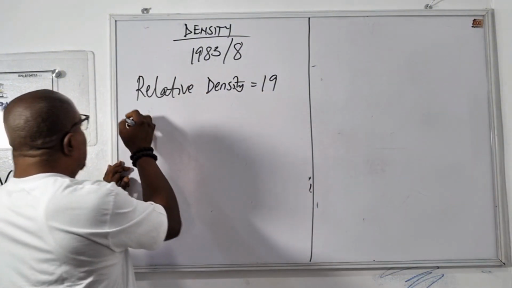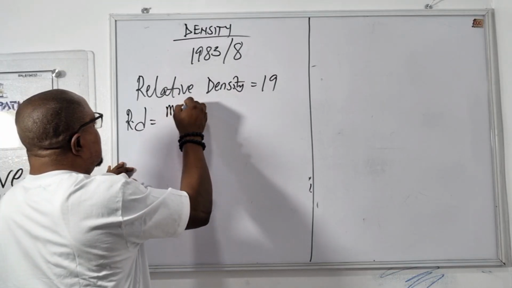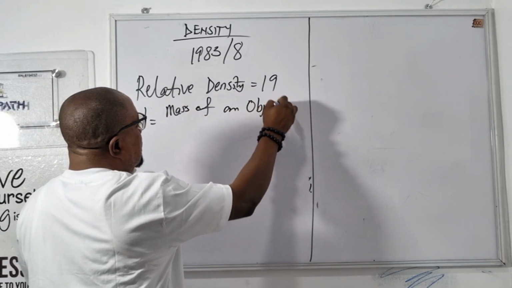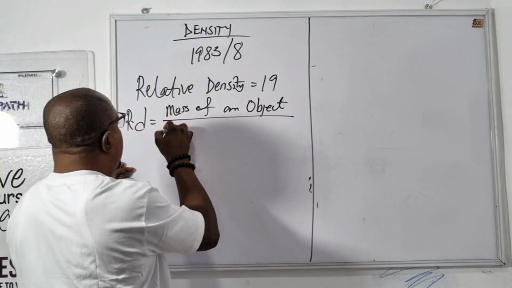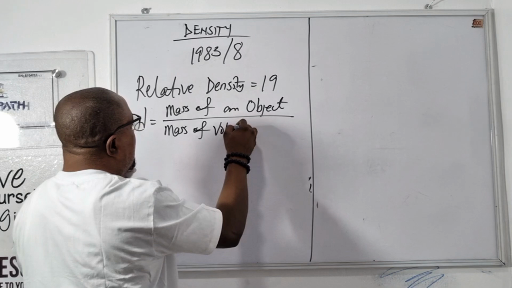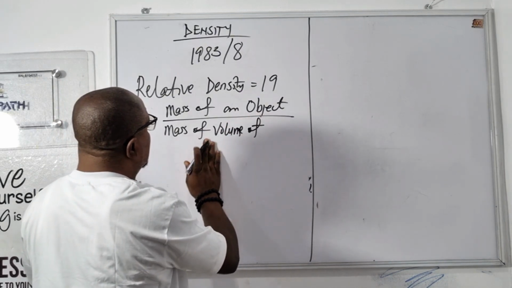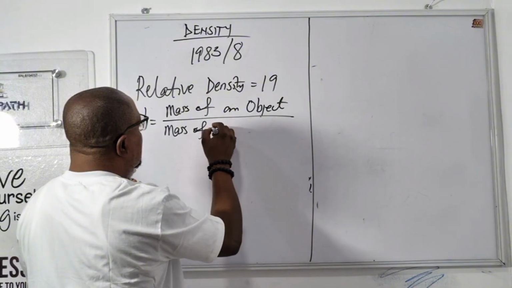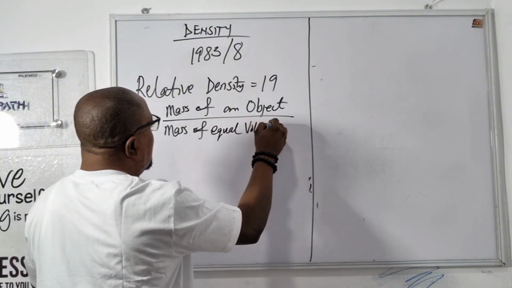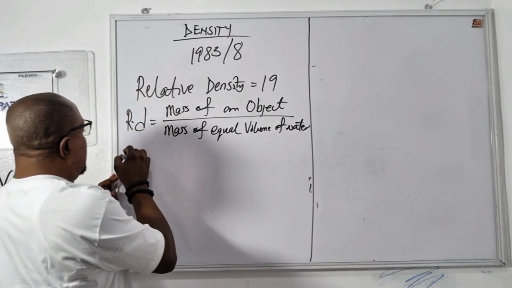So, the first one, relative density, R.D., is equal to mass of the substance over mass of equal volume of water.